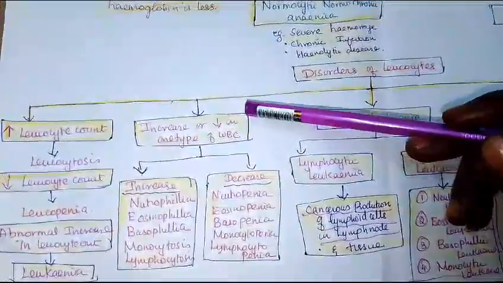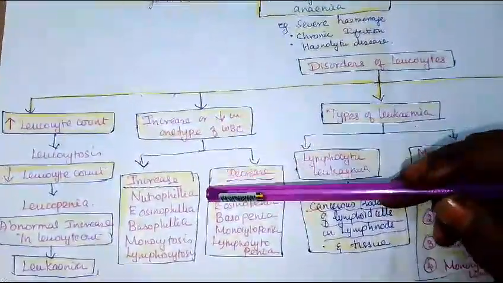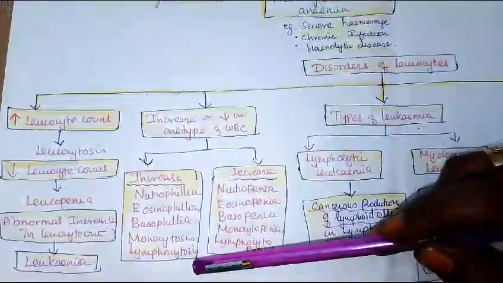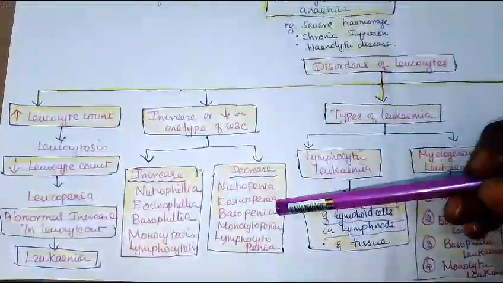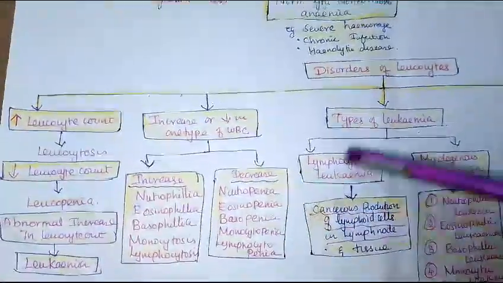An increase or decrease in any one type of WBC is named like neutrophilia, eosinophilia, basophilia, monocytosis, lymphocytosis. When decreasing, you will say neutropenia, eosinopenia, basopenia, monocytopenia, lymphocytopenia.